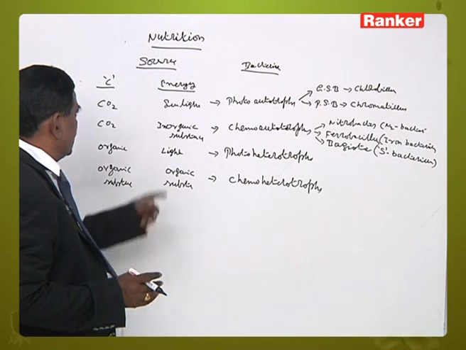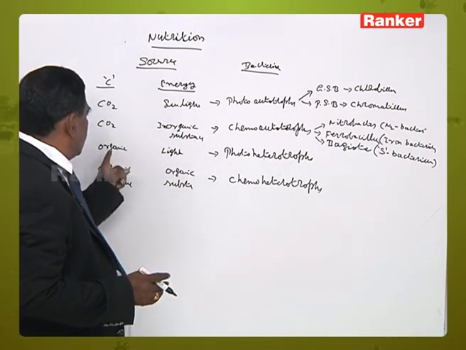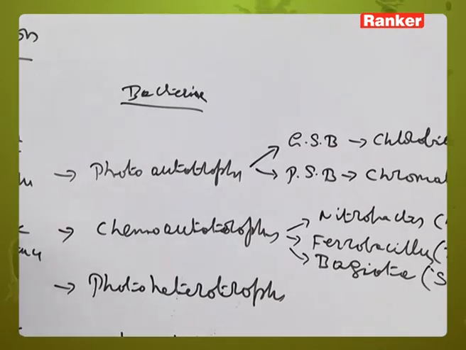Now, if the source of energy is sunlight and carbon is from organic substances, they are photoheterotrophs.